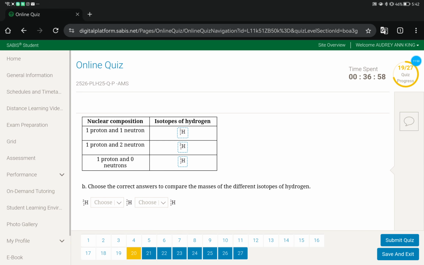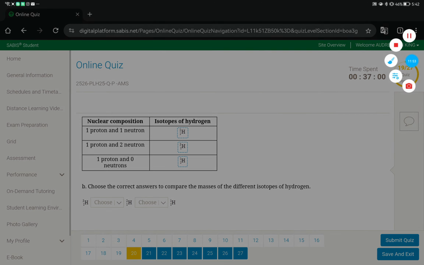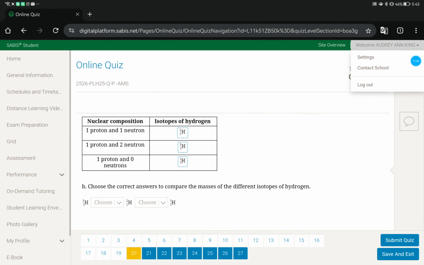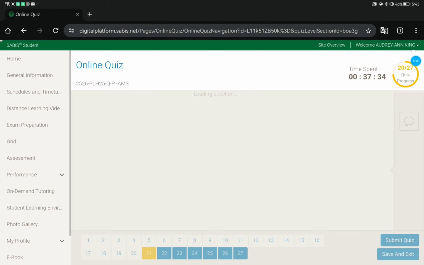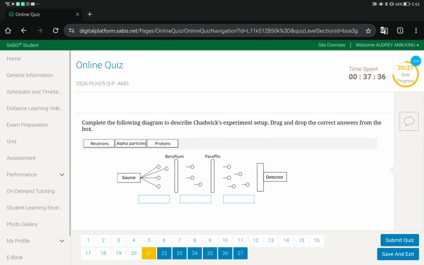And 1 proton and 0 neutrons is 1-1. Choose the correct answers to compare the masses of different isotopes to hydrogen. Okay, so H13 is obviously the greatest, and H12 is also greater than H11.